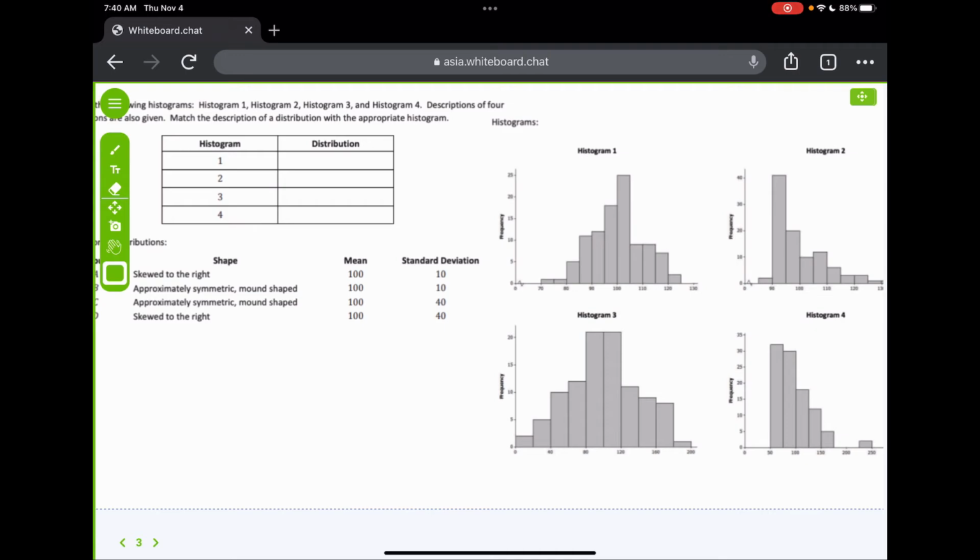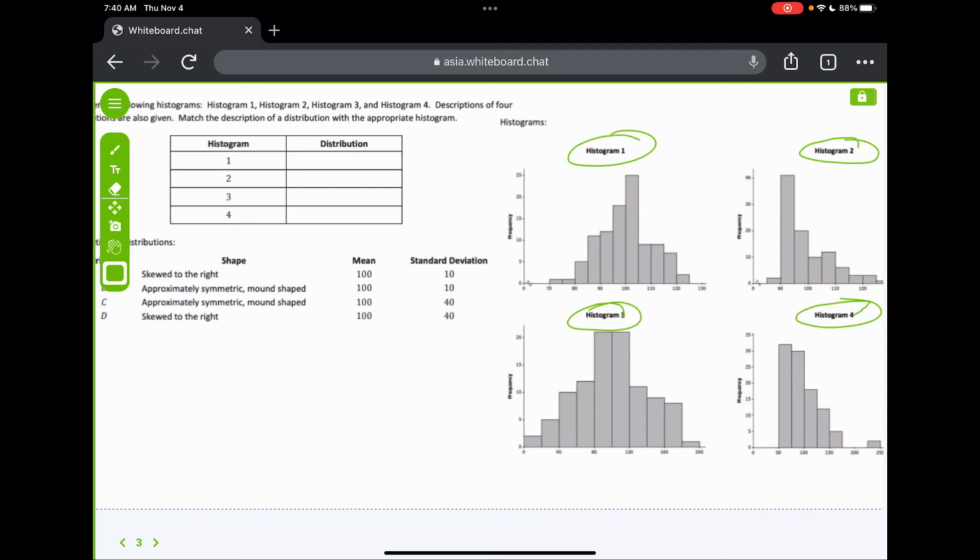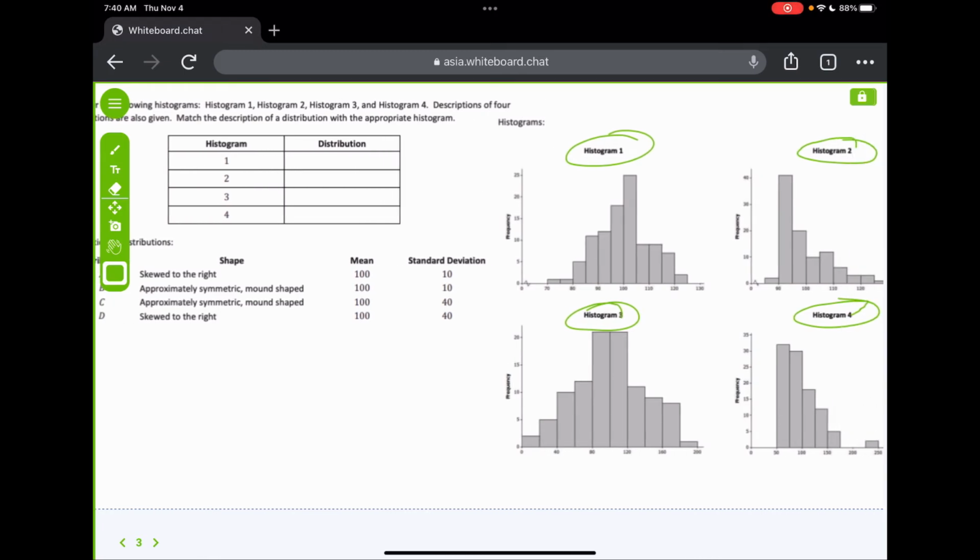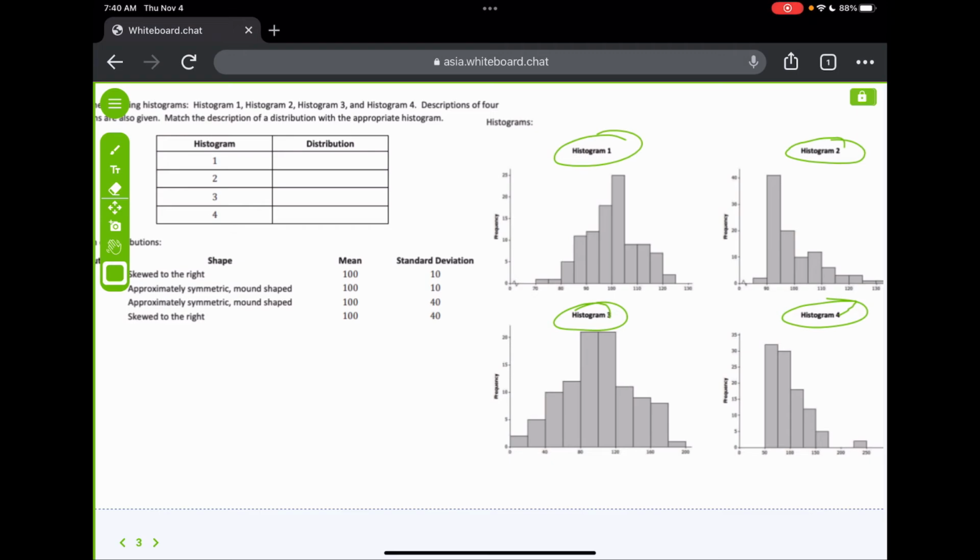Now, we're just looking at each of these histograms over here, 1, 2, 3, and 4, and we're going to tell what the distribution is. And these are our options down here. Okay, this is A, B, C, and D. We're going to say whether it's skewed right or symmetrical, those are the only two shapes, and what the mean is and what the standard deviation is.